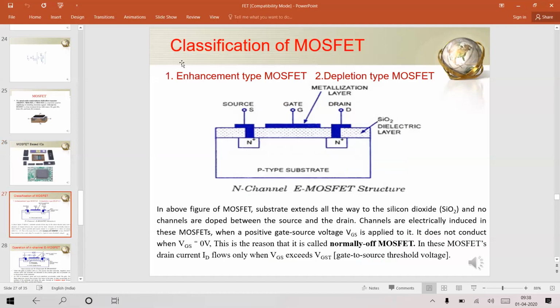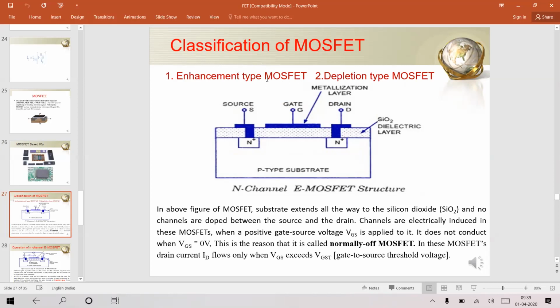Before going to operation, let me discuss the classification of this MOSFET. Yesterday I was talking about enhancement mode MOSFET and depletion type MOSFET.